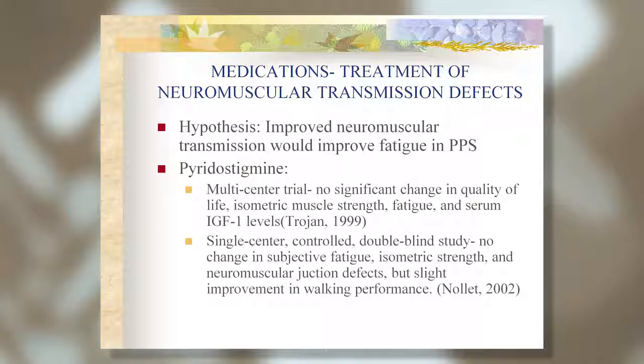And unfortunately, the result of the big study showed that there was no significant change in quality of life, including muscle strength, fatigue, and IGF-1 levels. But there was a later study that did show there was some slight improvement in walking performance. And it may be that in some patients, this is an appropriate medication to trial and may be effective for a select subpopulation.